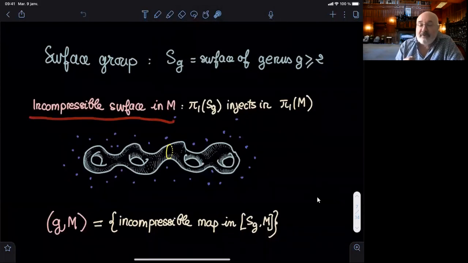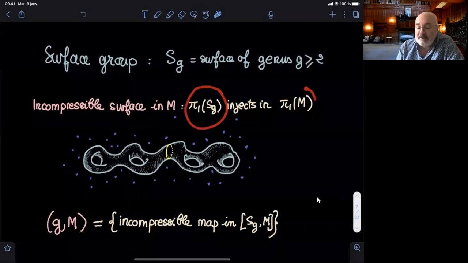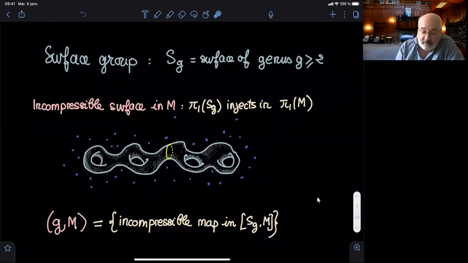A surface is incompressible by definition if its pi_1 injects into the pi_1 of M. If you don't want to learn about the fundamental group, it just means that if you take any loop on your surface, and this loop is contractible in M, it's actually also contractible in the surface. Typically, a surface in R^3 is not incompressible.